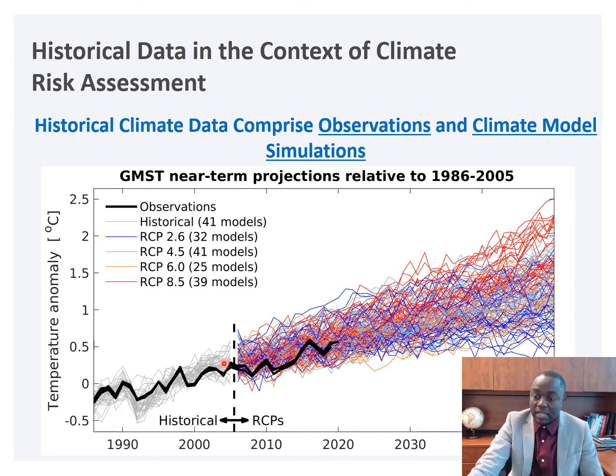So it is important to distinguish this. When we talk about historical climate data, we are actually talking about observations as well as climate model output during the historical period.